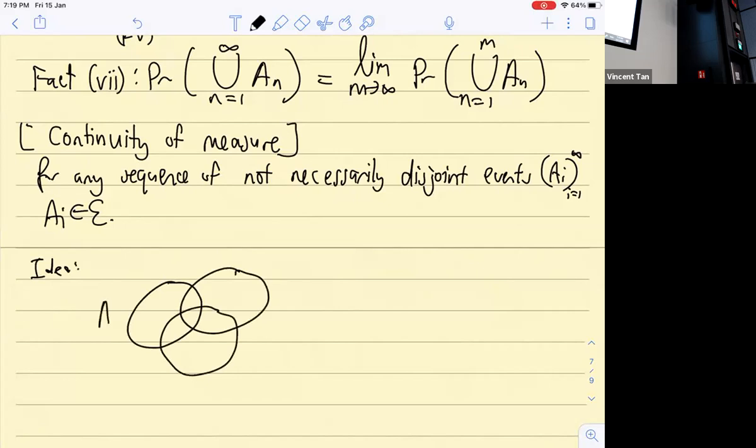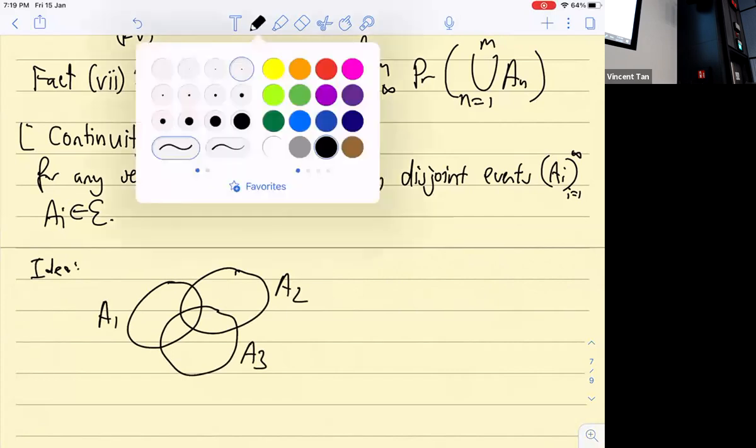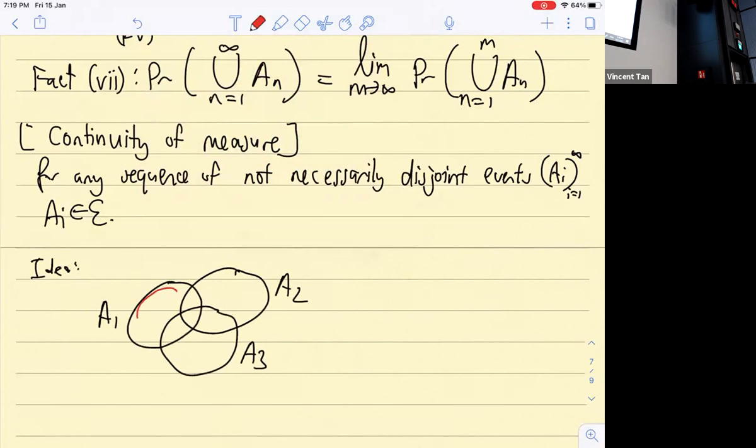I cannot draw an infinite number of events. I can only draw 3. So what are we going to do? We're going to create new disjoint events. We're going to call this B1. And then this part here, A2 but not A1, we are going to call B2.